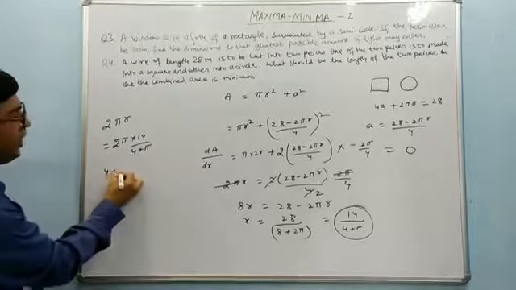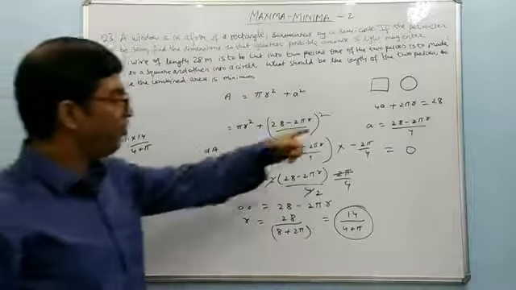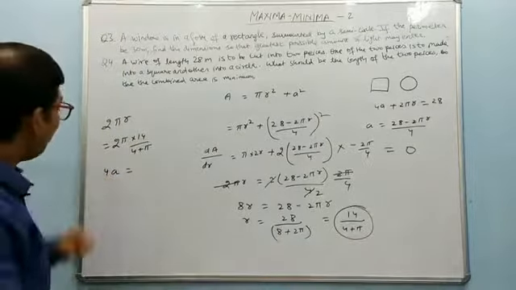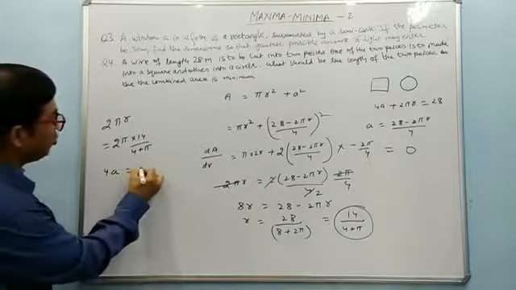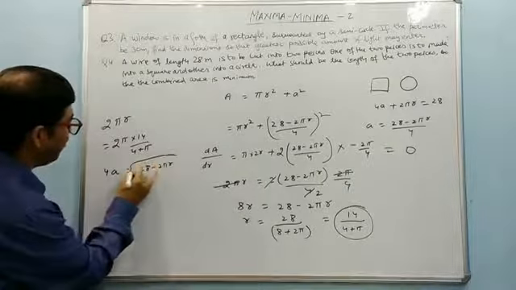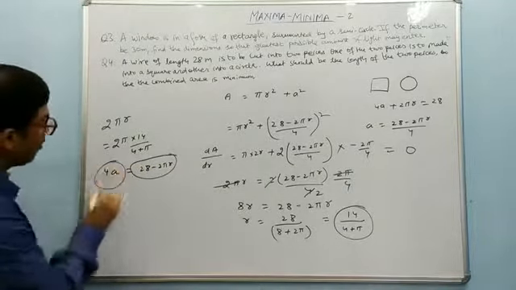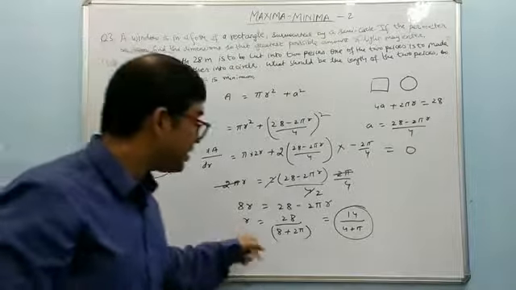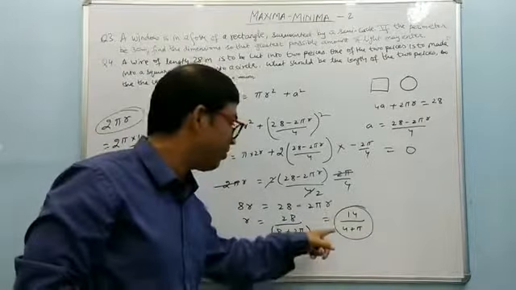What is that? 4a. We will get the value of a from here, or you can just write 4a is equal to 28 minus 2 pi r. Whatever value you got, you will get. This is the length of the square piece and this is the length of the circular piece.